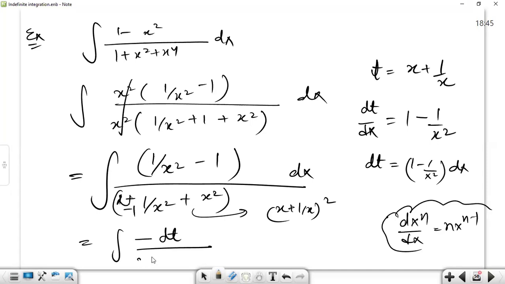So this has become (x plus 1 by x) whole square minus 1. Are you able to understand why we have done so? Because to make it a perfect square. So x plus 1 by x is what? It is t. So let's write t instead.